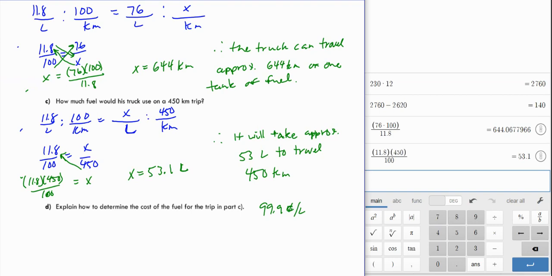Then we could take information from before. So let's say the cost of gas will be 53 liters times the current gas prices.